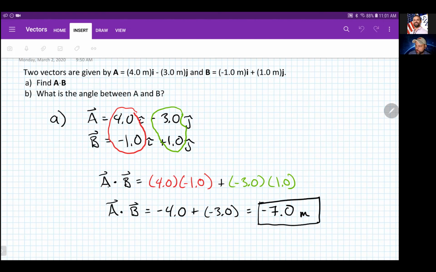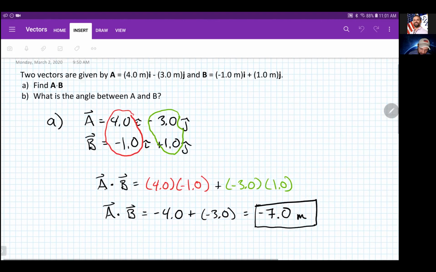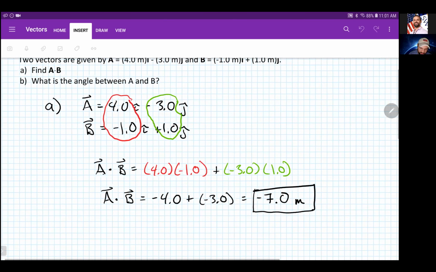All right, so we stopped here. Two vectors are given by A. We found the dot product, and then it asked us to find the angle between A and B. So there are two equations that we had, right?